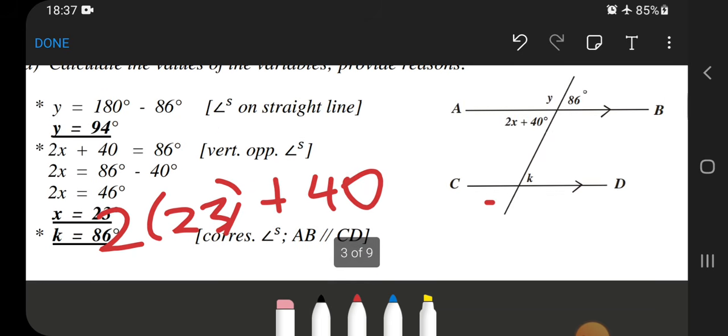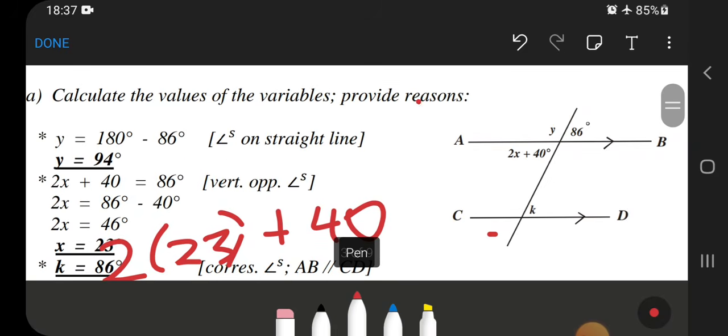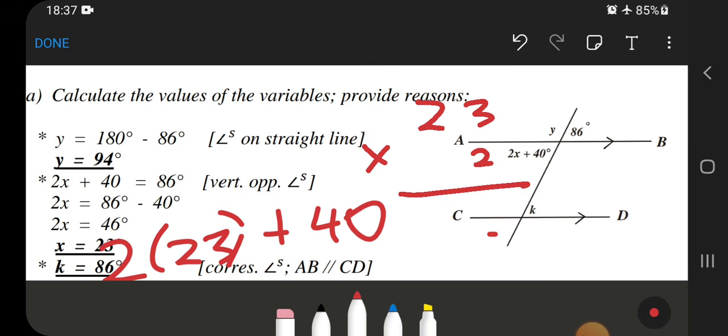So when we do it, we will say 23 divided by 2. So 3 multiplied by 2 is 6, and then 2 multiplied by 2 is 46.